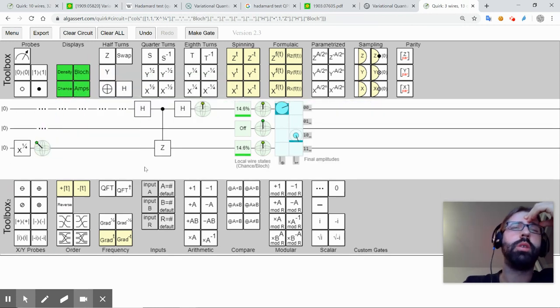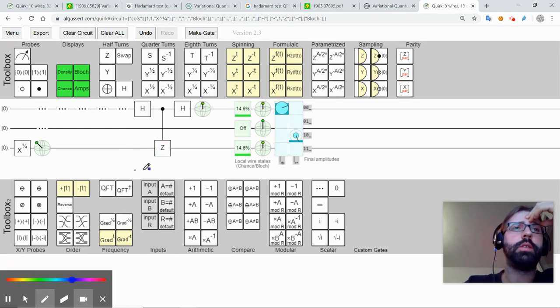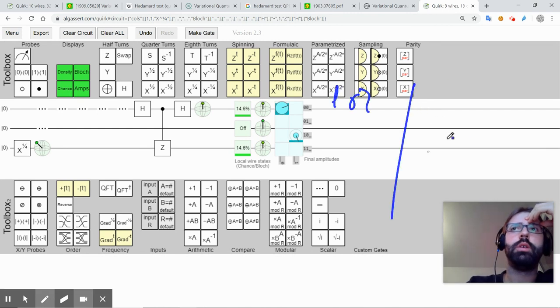You have an X quarter. And so for the part that we're 0 and the part that we're 1, right? This kind of stays as is, right?